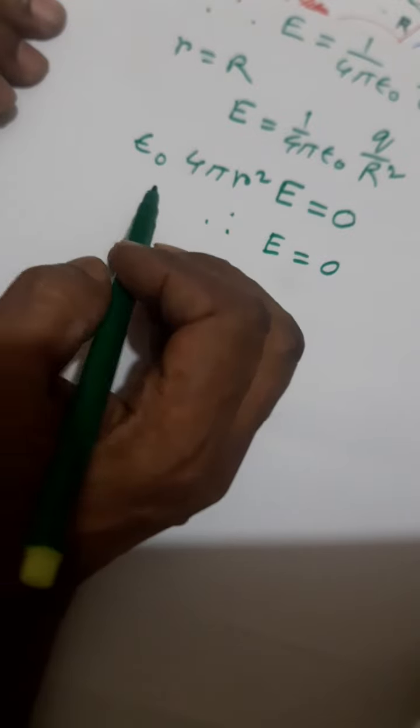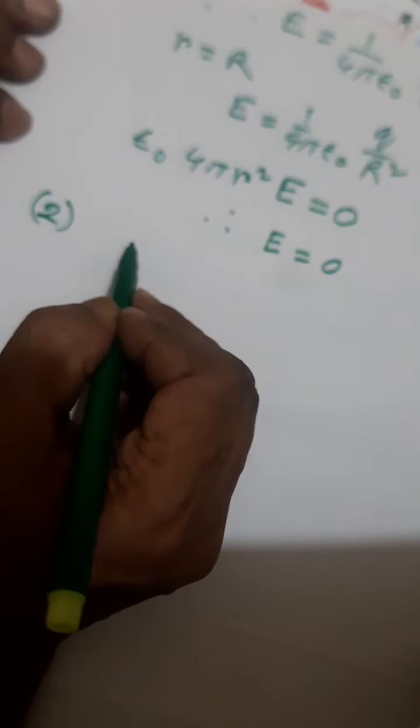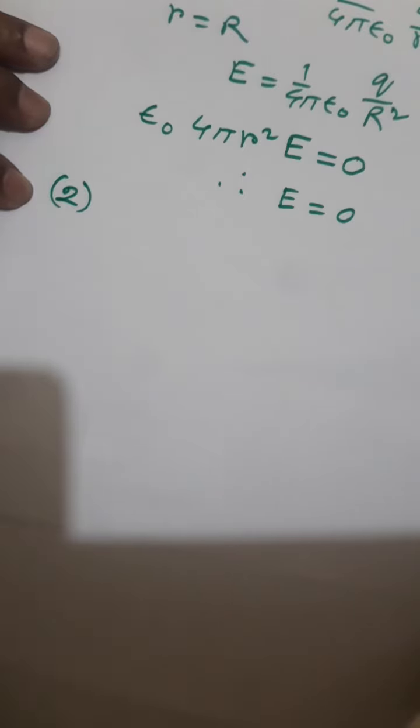The second charged object is a conducting solid sphere. The conducting sphere carries a charge Q. These charges move to the surface. All the charges move to the surface due to their mutual repulsions.